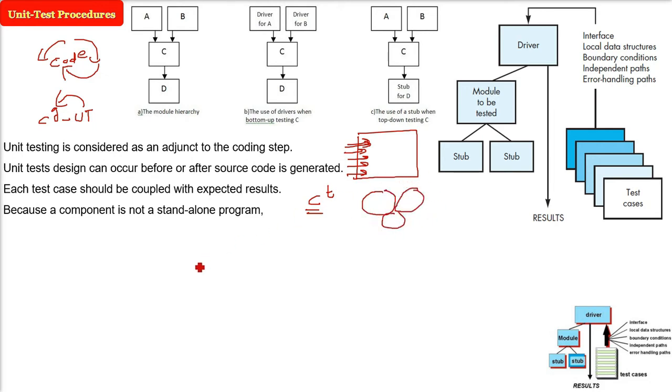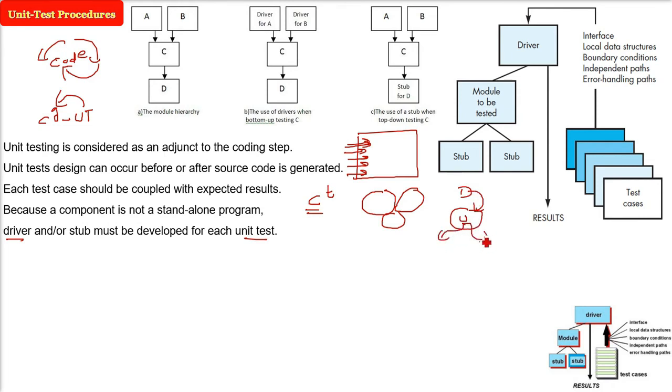But here, when we want to test a single component, we have to make a unit test driver and stub. What is a driver? A driver is the main program which calls your module which is being unit tested. That is, a driver is a program which is going to invoke or call the actual component you are testing right now as a unit.